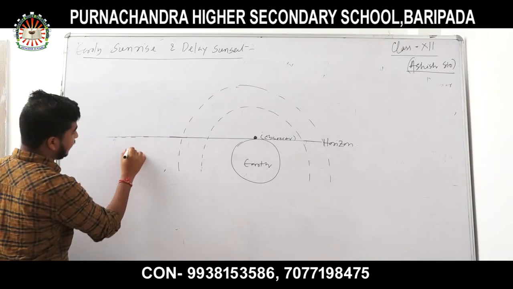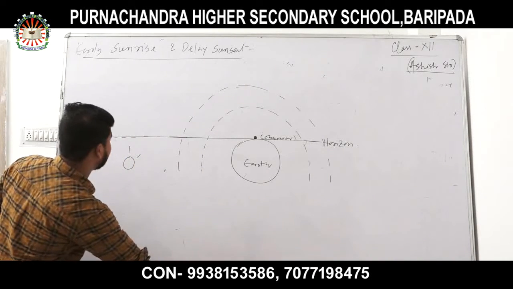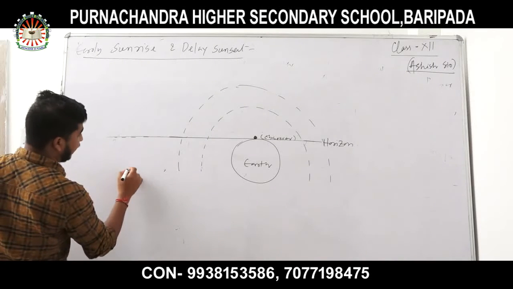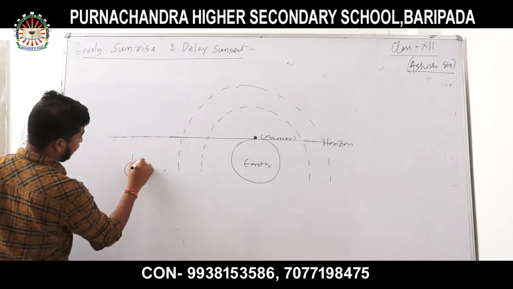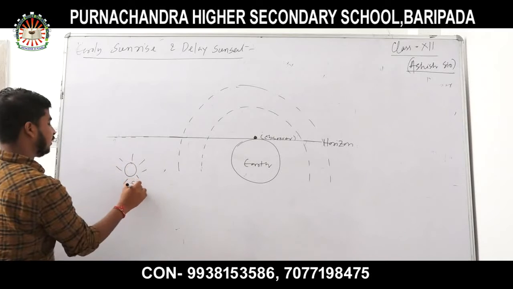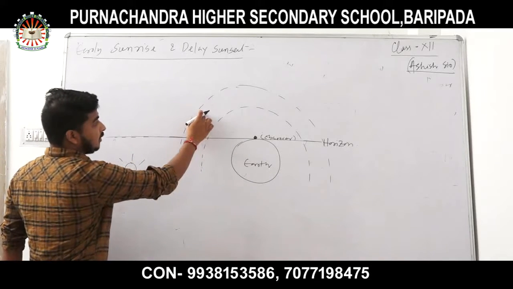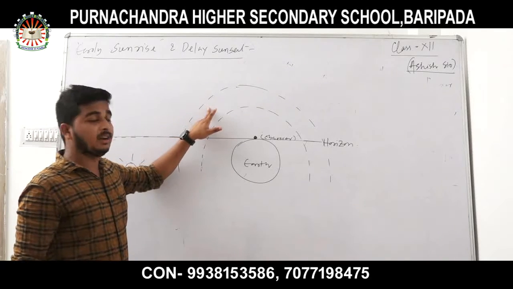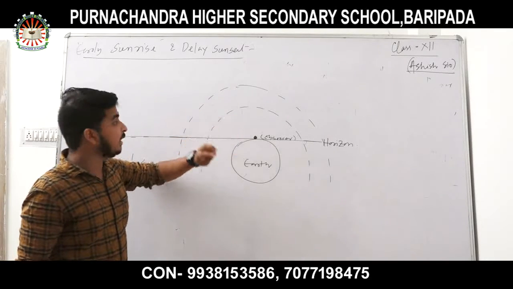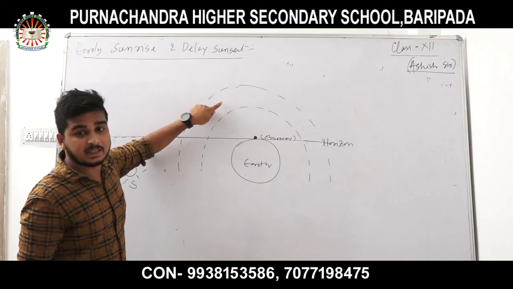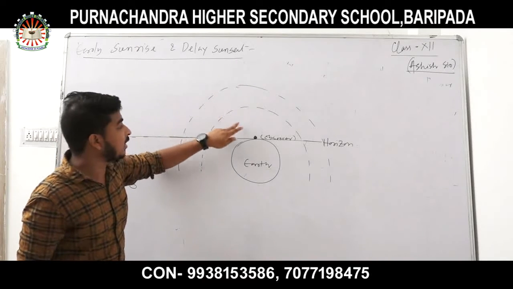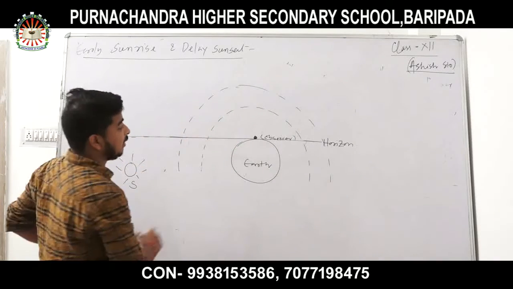suppose the sun is here below the horizon. So this is rarer media, this is denser media, because the number of molecules present here is less than the number of molecules present in level 2.